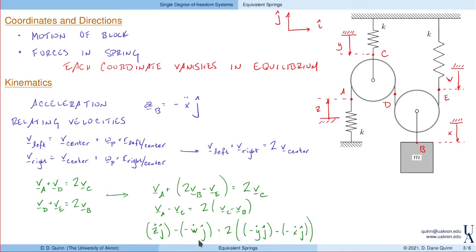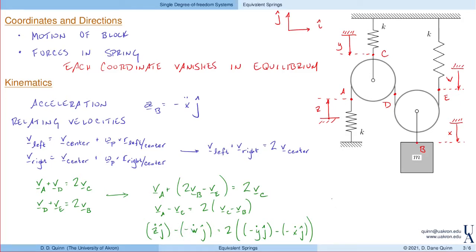So finally, looking at this relationship, we're able to, again, find a constraint between Z and W and Y and X. Given this equation on the velocities, I essentially integrate with respect to time, and I turn this into a constraint on the coordinates.